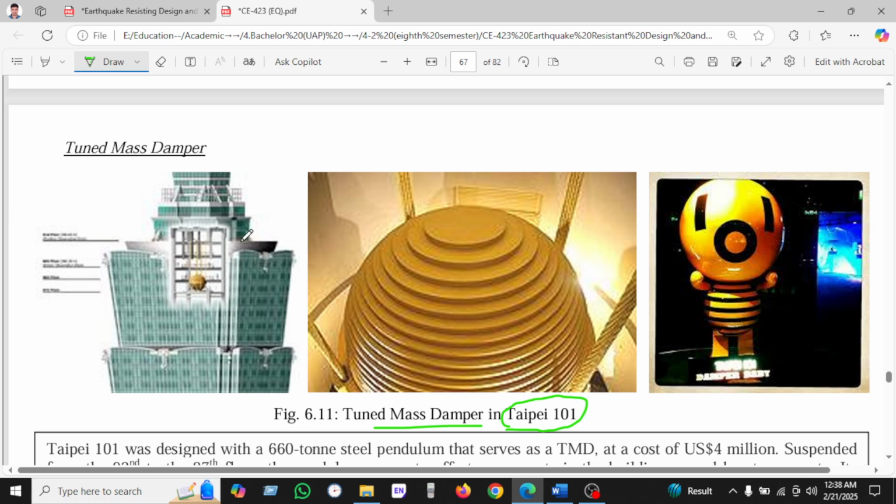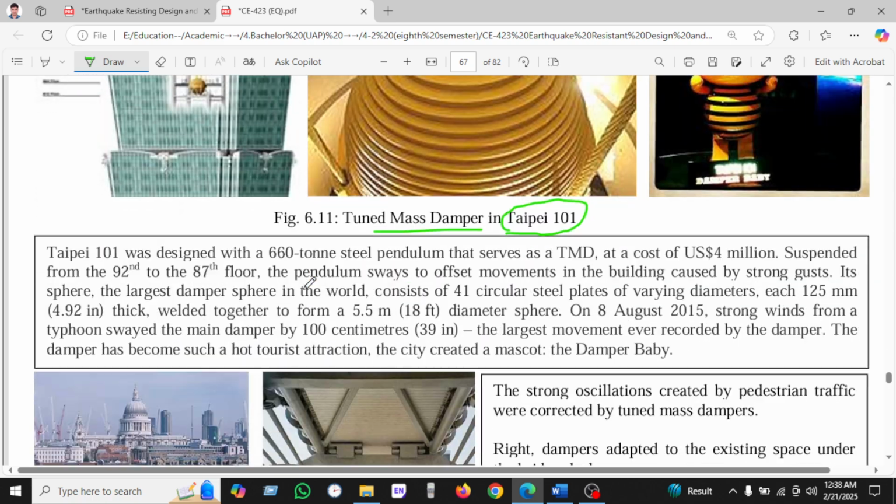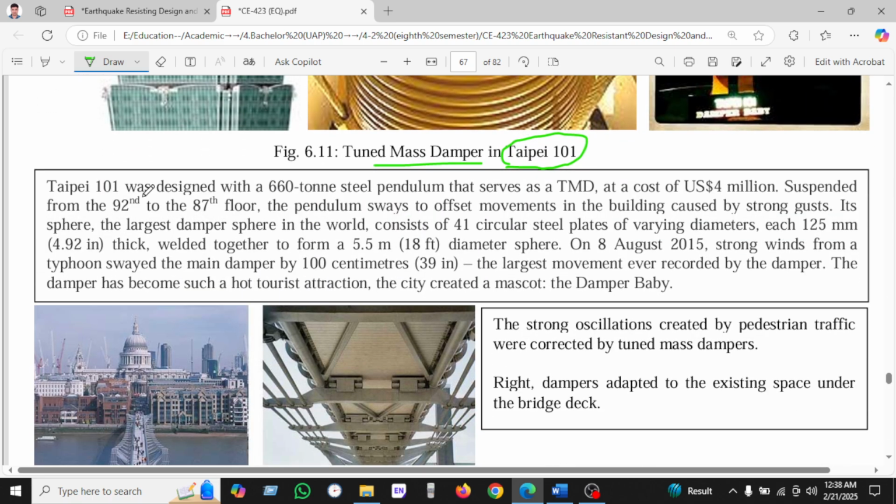In this building the TMD is used at the top of the building for controlling the natural frequencies. Taipei 101 is designed with a 660 ton steel pendulum used as a TMD, at a cost of about 4 million dollars. It is huge and suspended from the 92nd to 87th floor.